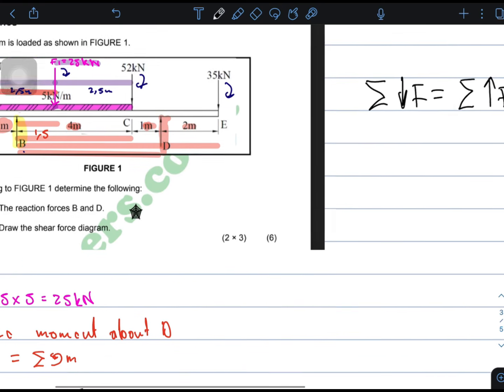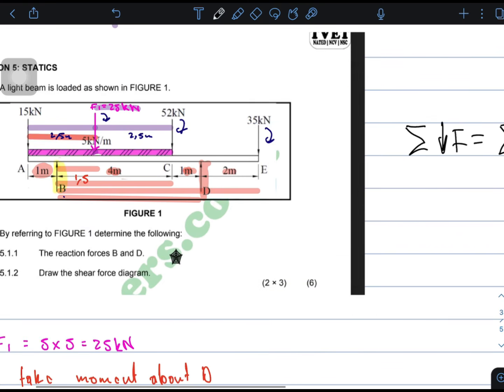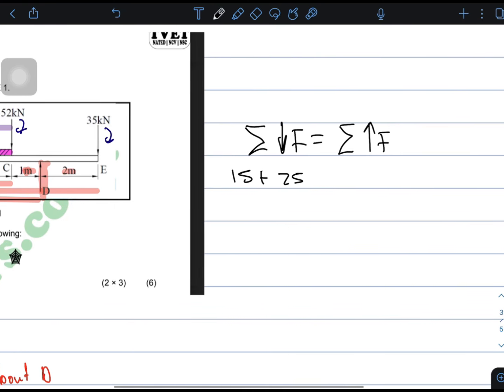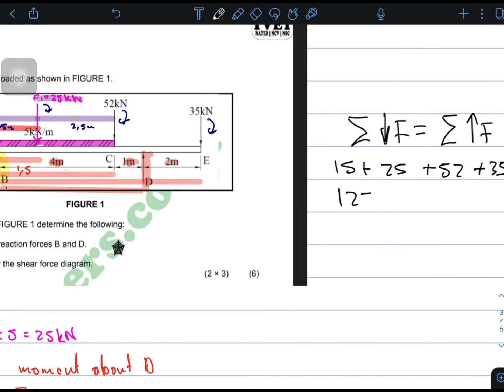Okay, so let me add the downward forces. It's going to be 15 plus 25 plus 52 plus 35. That is going to be 127 kilonewtons.